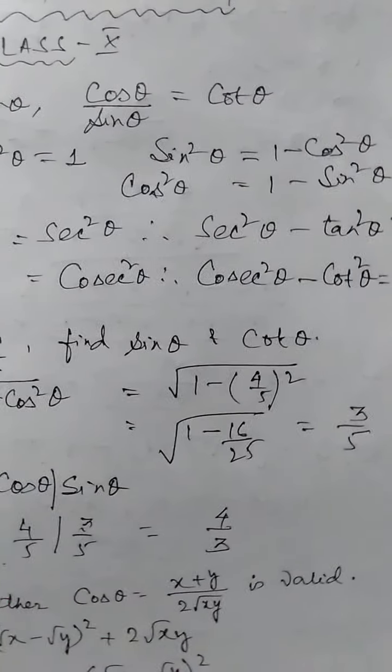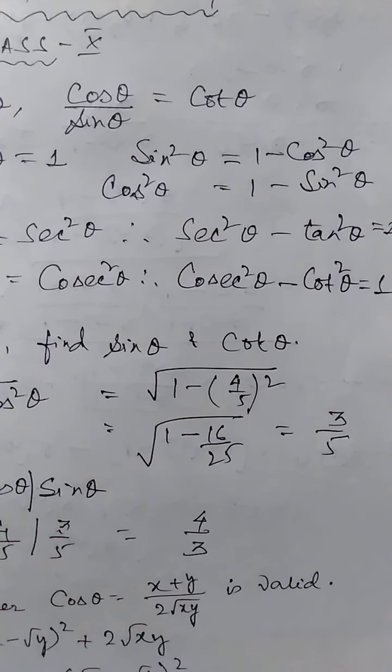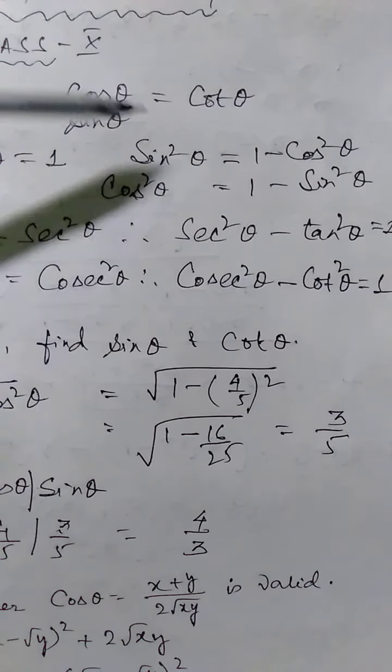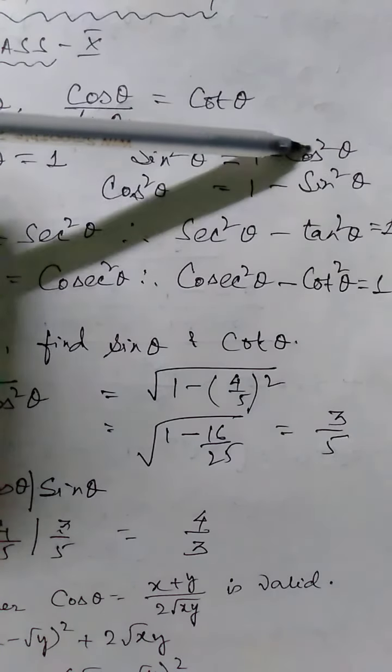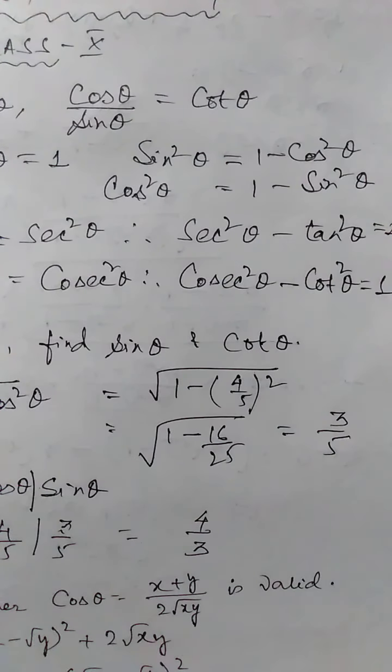It means that sin square theta will be 1 minus cos square theta, and cos square theta will be 1 minus sin square theta. Okay, I hope you can understand from here. Sin square theta, this will go this side, so sin square theta is equal to 1 minus cos square theta, and cos square theta will be 1 minus sin square theta.